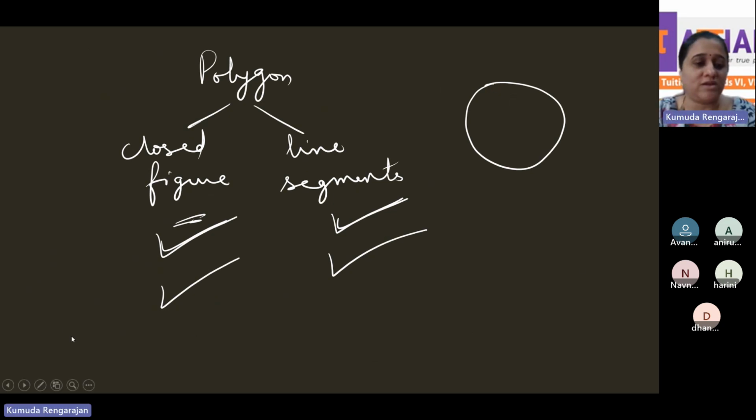You can just make a note of this. What is a polygon? It's a closed figure made up of line segments. One minute, let me just rewrite it.